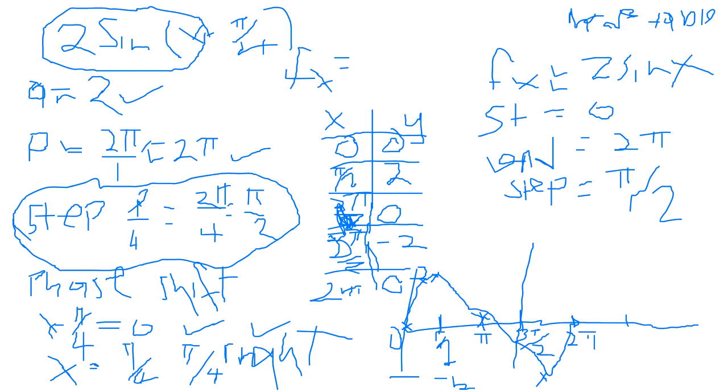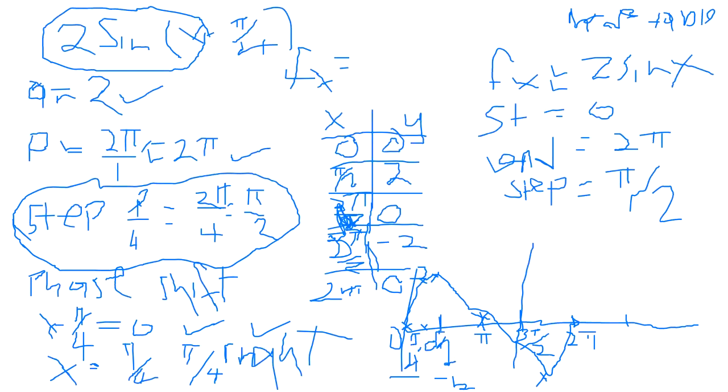There's a phase shift. So here, this point is 0, 0. Now that this point will come here, it's going to be pi over 4 and 0. And this is the relevant point that we are going to mark. Now, this point is pi over 2 and 0.